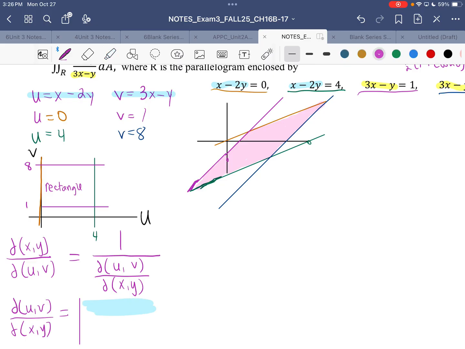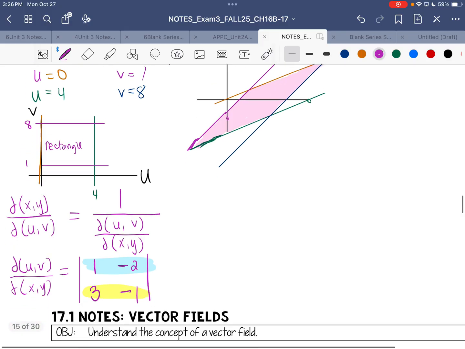What's the derivative of u with respect to y? Negative 2. Okay, then v with respect to x, 3, and then negative 1.